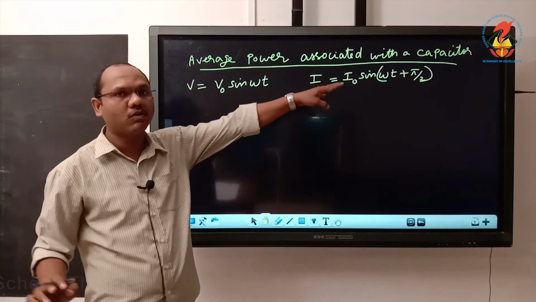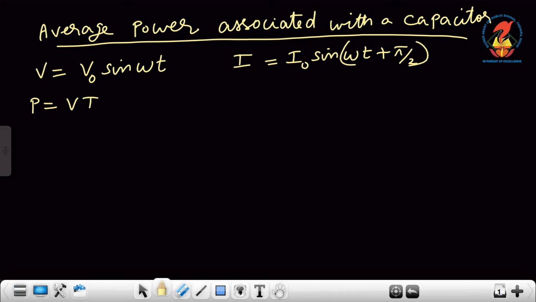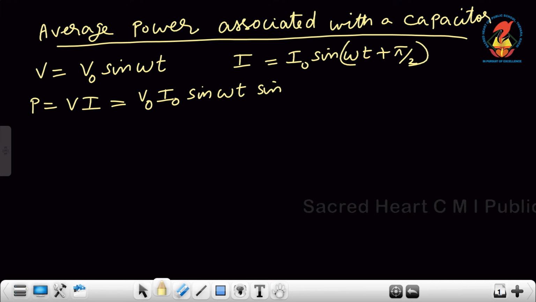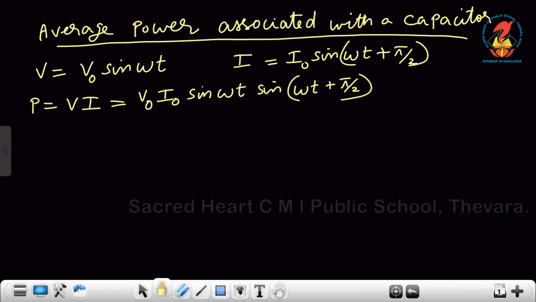That is why I wrote omega t plus pi by 2. Now I am finding the instantaneous power, that is P is equal to VI. So V0 I0 sine omega t into sine omega t plus pi by 2.